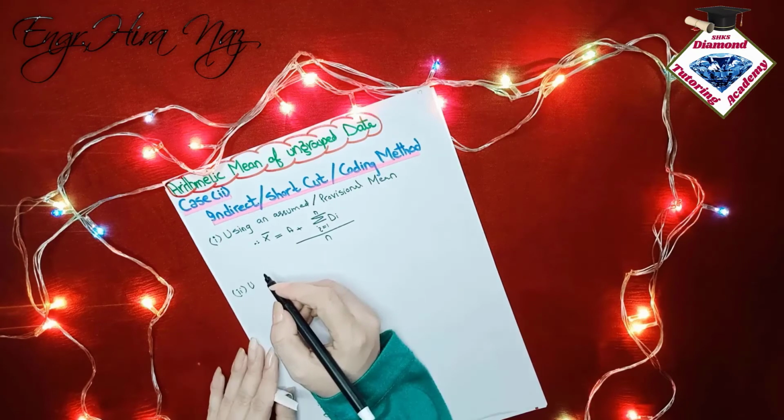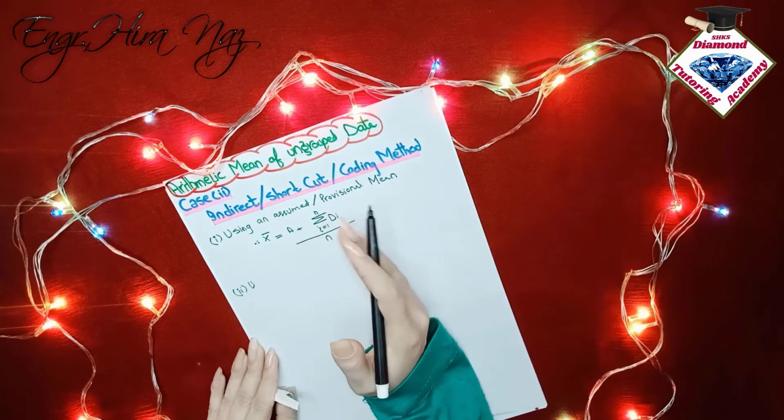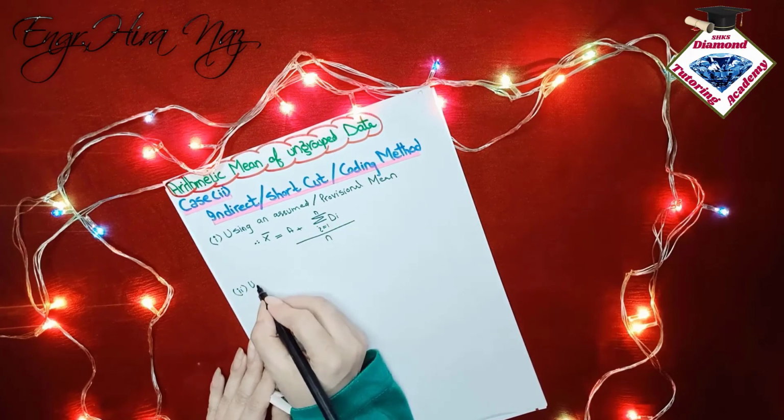So the second approach is using a provisional mean and changing the scale of variables.